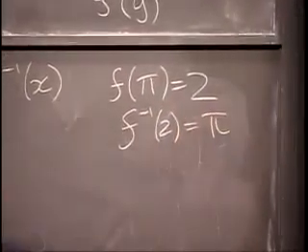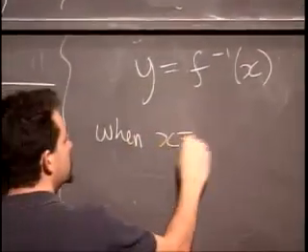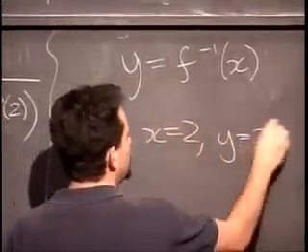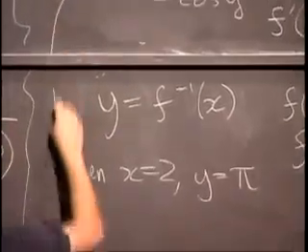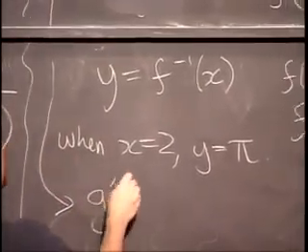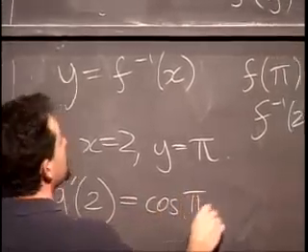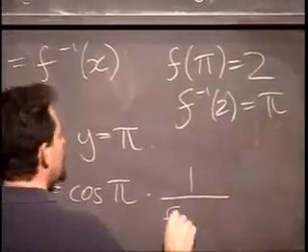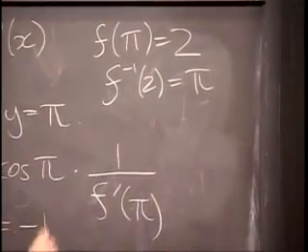And another way of saying that is when x equals 2, y equals pi. If you do that, you can come back over here and say that g prime of 2 is equal to cosine of pi over f prime of pi. And of course, you get exactly the same answer.